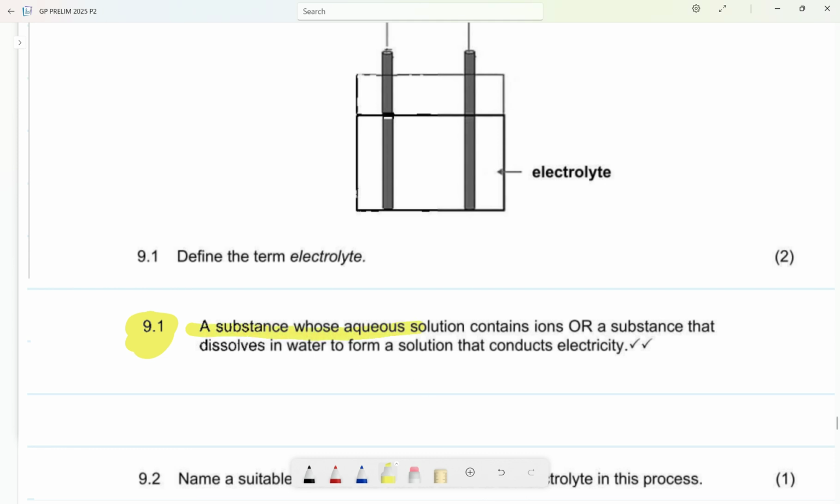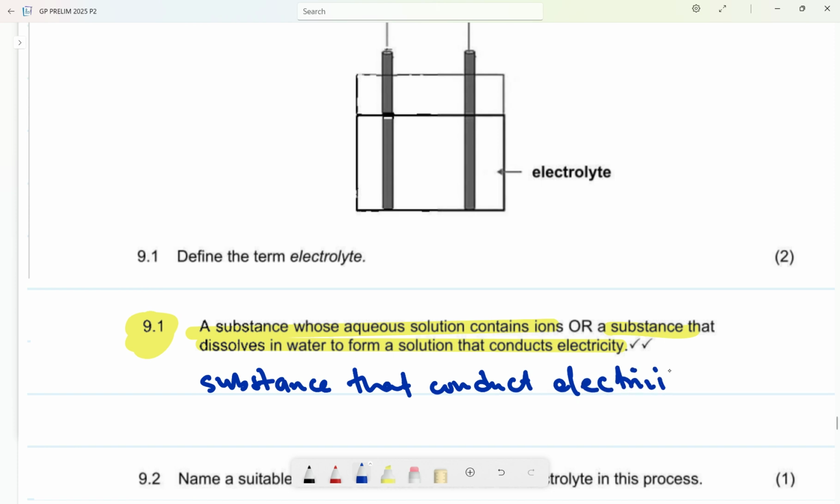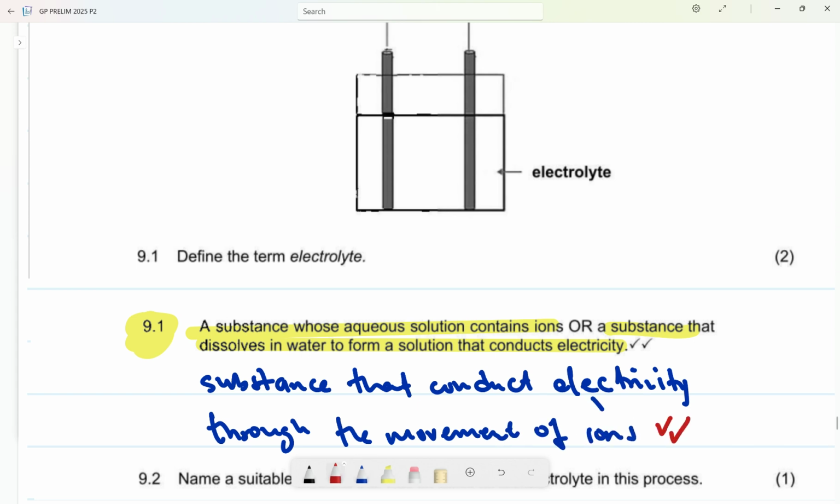A substance whose aqueous solution contains ions, or a substance that dissolves in water to form a solution that conducts electricity, or a substance that conducts electricity through the movement of ions. This is one of the definitions.